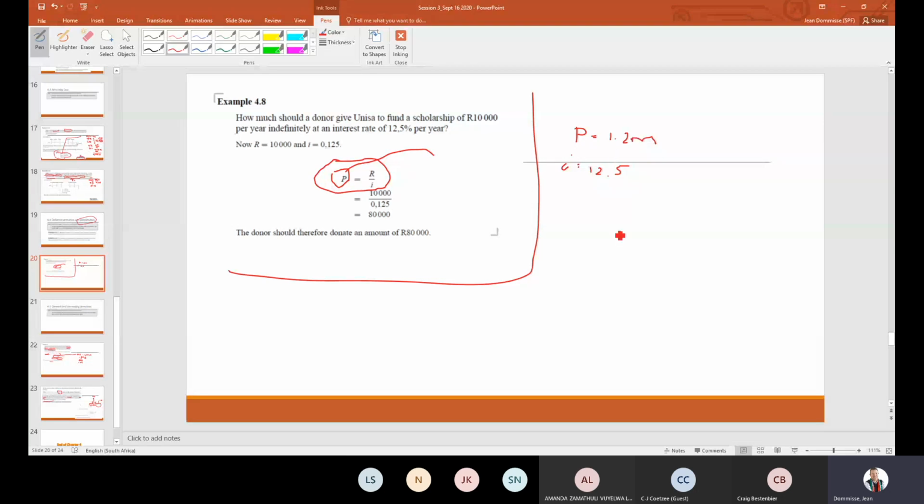So then it would be just the 1.2 million would be equal to R over the I component. So remember, to get rid of the I on this side, we multiply by I on both sides. So it will be 0.125 times the 1.2 million.